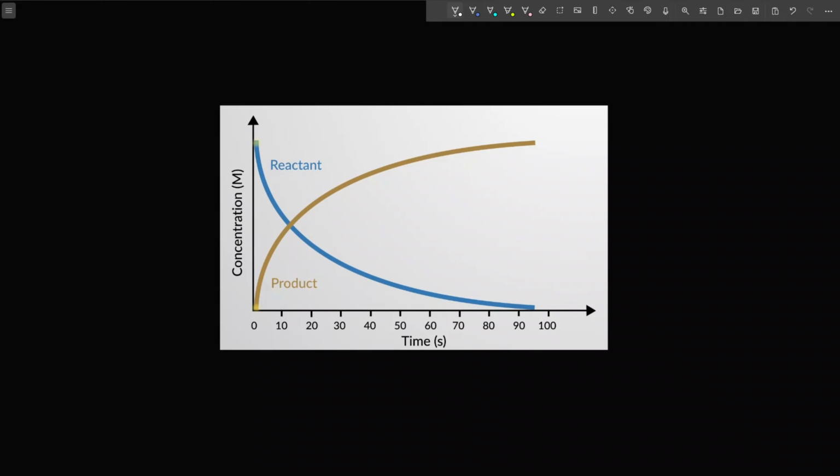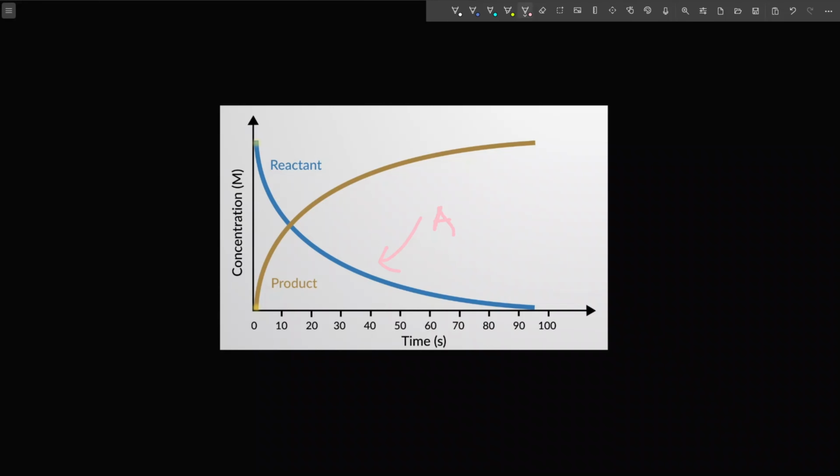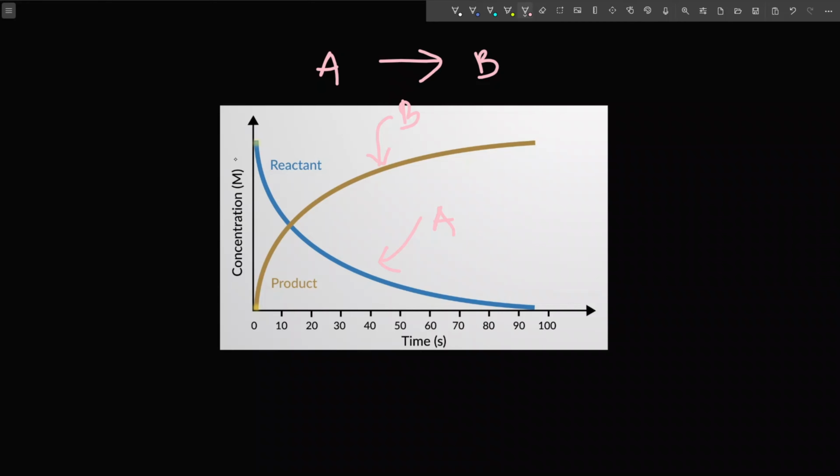Now, what does this diagram tell us? This is just a graph to explain what I explained up there. Okay, let's assume that this blue slope is the reactant A, and this, whatever color it is, is reactant B. Just like I said, A to give B. You can see that on the vertical axis we have concentration. This is a graph of concentration over time, which will give us what? Rate.